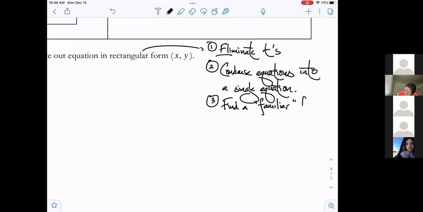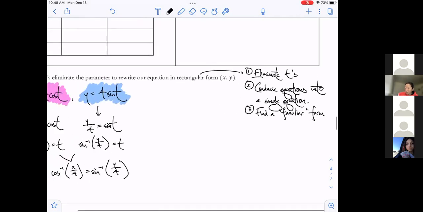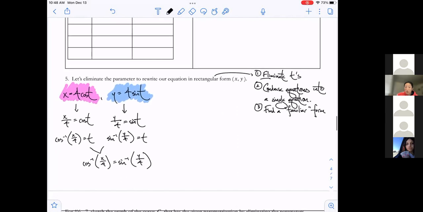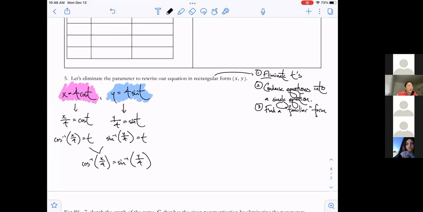a familiar form. All right, so our third goal, which is definitely one we still want to consider, is we want to make it into a familiar form, something that we can look at and be like, oh, yeah, that's a parabola, or oh, that's a y equals mx plus b, okay?